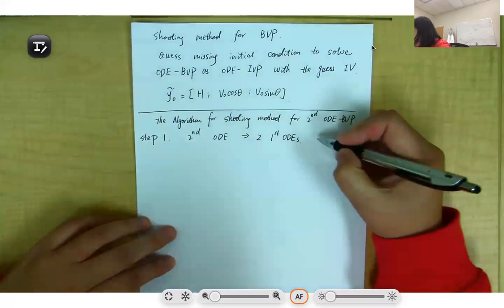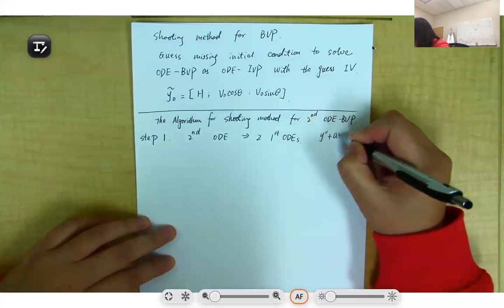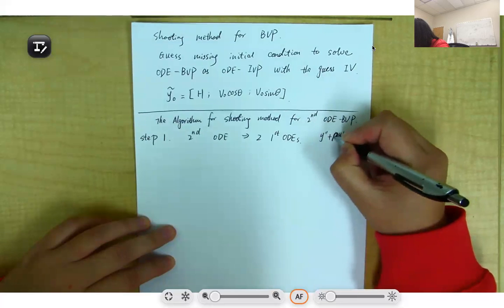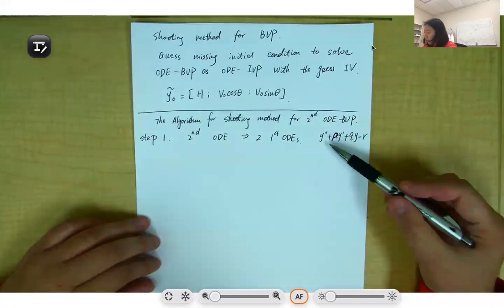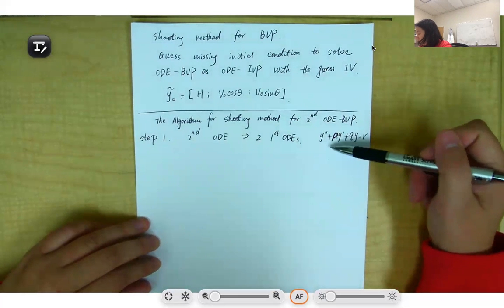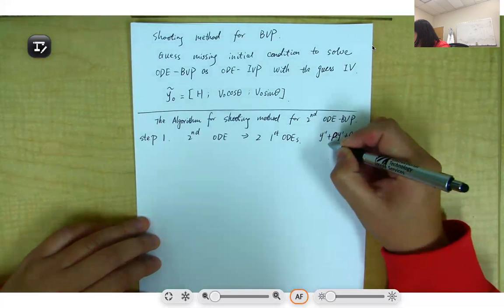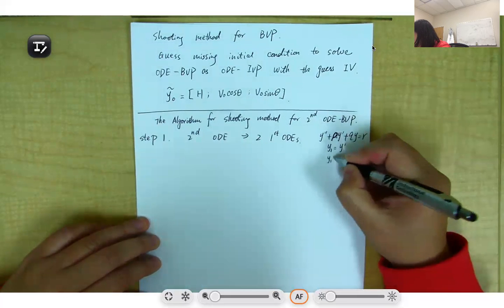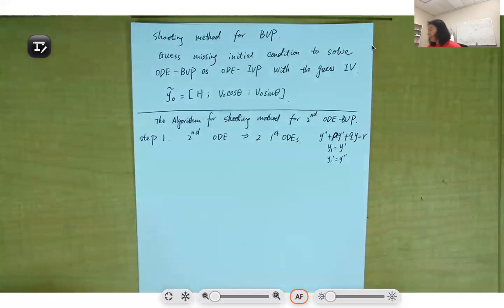For example, you have y double prime plus p y prime plus q y equals some function. You can translate this y double prime to a first order ODE: you can write y1 equals y prime, so y1 prime will equal y double prime, so that you have two first order ODEs.